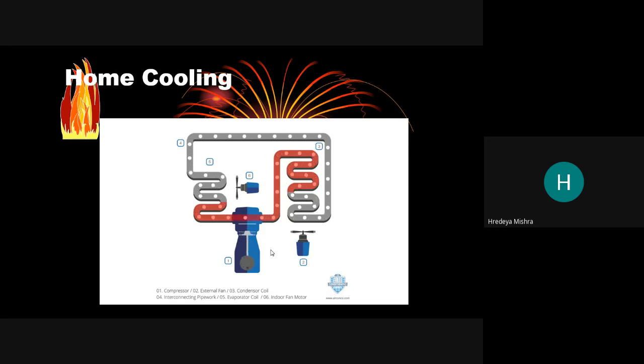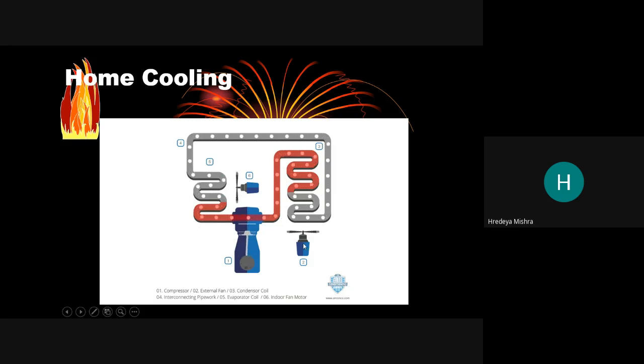So what is the importance of compressed air? The best application of compressed air is in our refrigeration and air conditioning too. So the compressor is used to compress the air. Fresh air is coming in, and now the red color shows the compressed air.